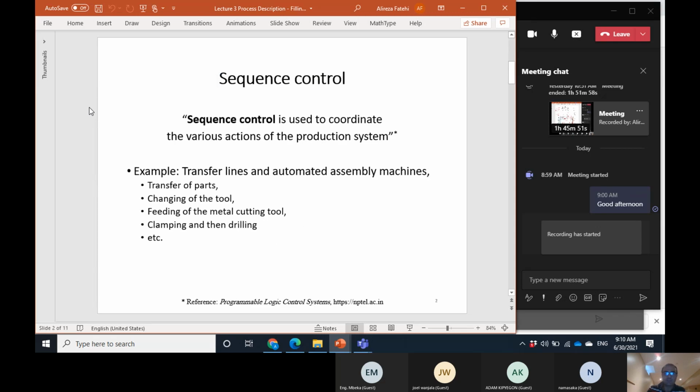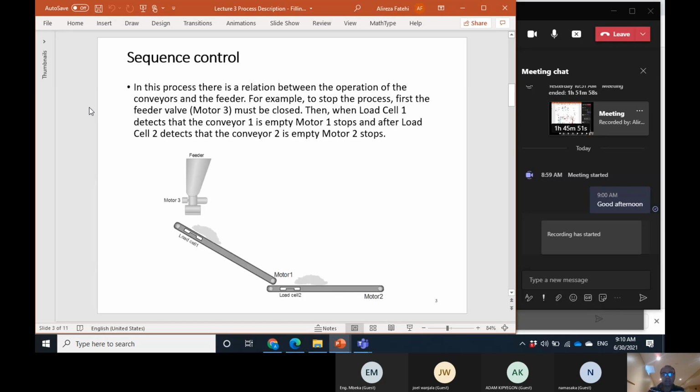And the process description is based on logic and sequence control, which explains the control philosophy and the control requirement, and the sequence or interaction between different parts, actuators or sensors of the process.